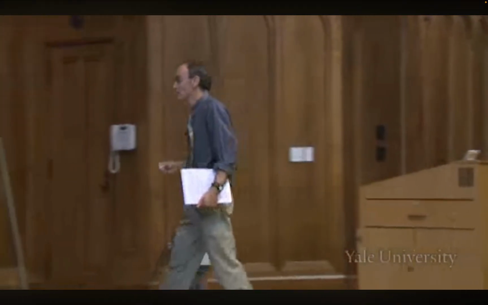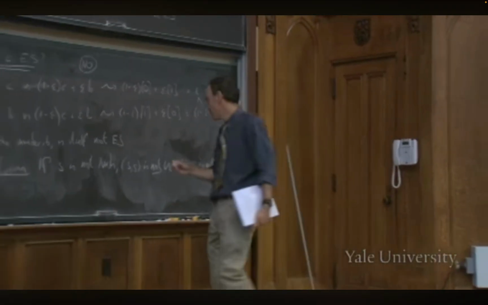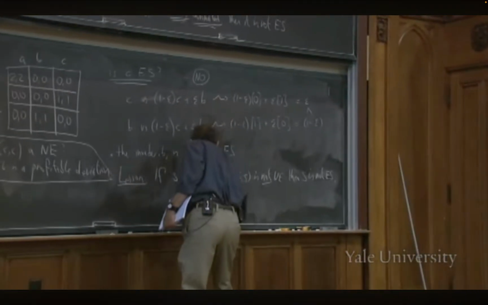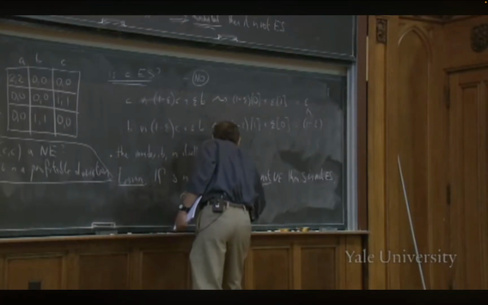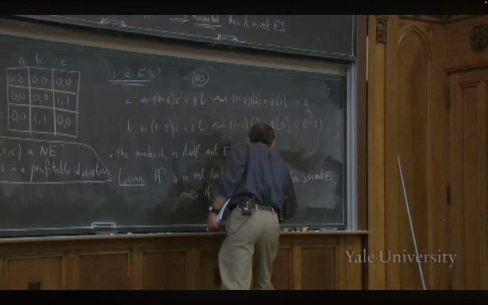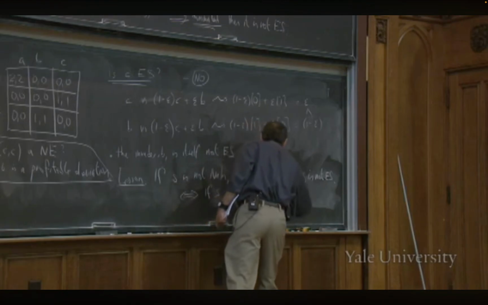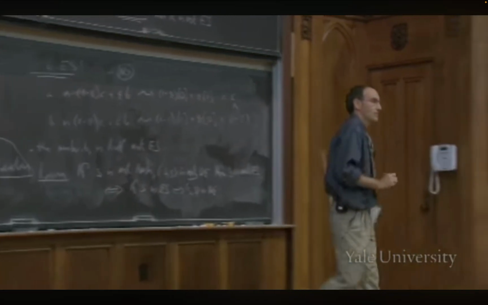If S is not Nash, then S is not evolutionarily stable. A little bit of logic, and we can flip that around, and what that tells us is, it's equivalent to saying, if S is evolutionarily stable, then SS is a Nash equilibrium. That's the equivalent way of saying that.